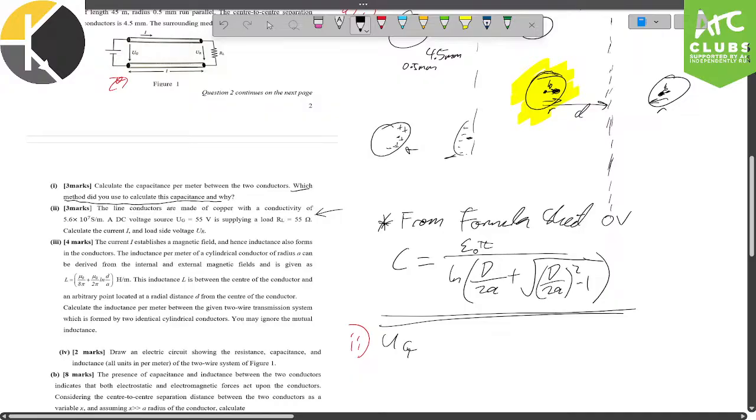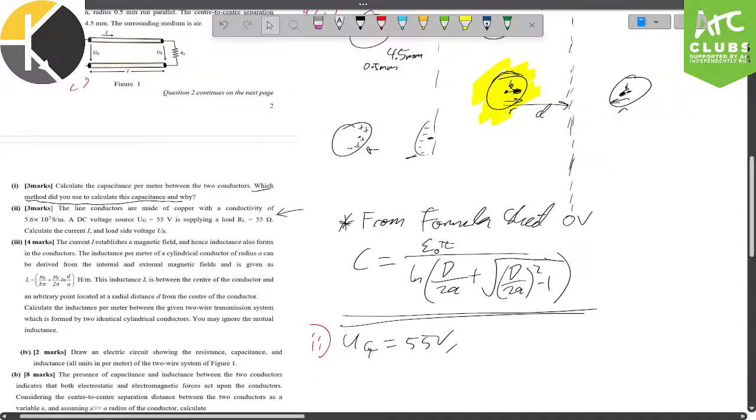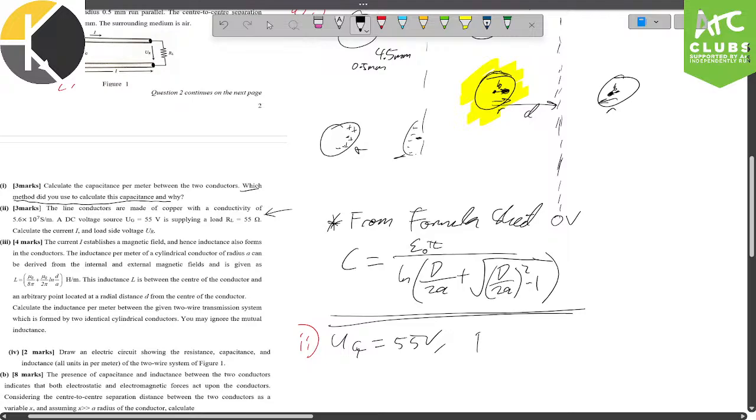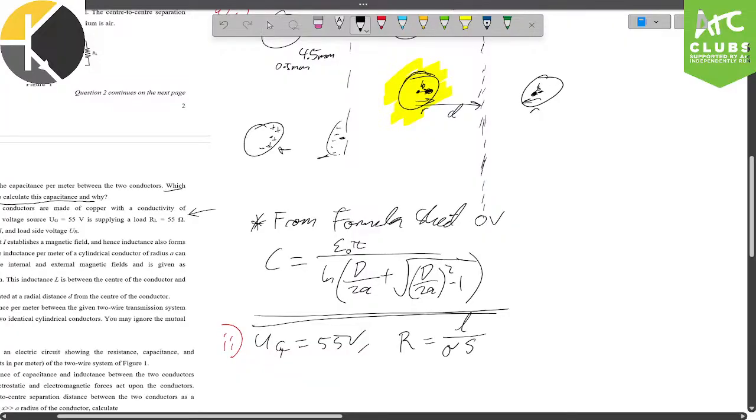is going to give 55 volts. Now, something important is they've given us a conductivity through the wire. And so we understand that the resistance of a wire is going to be given by the length divided by the conductivity times the surface area of the cross-section.